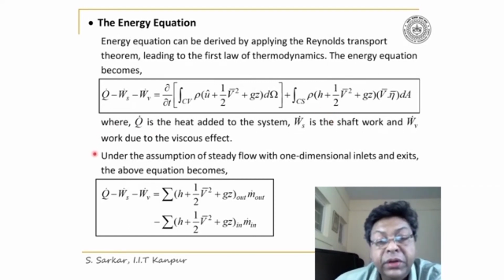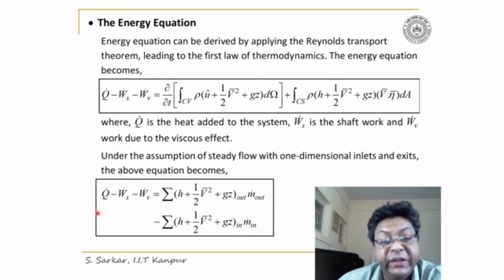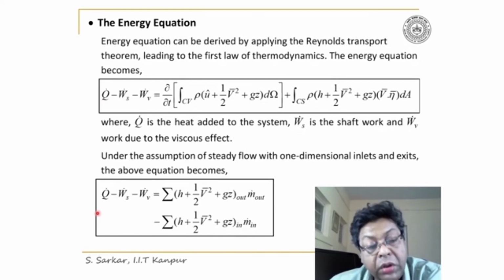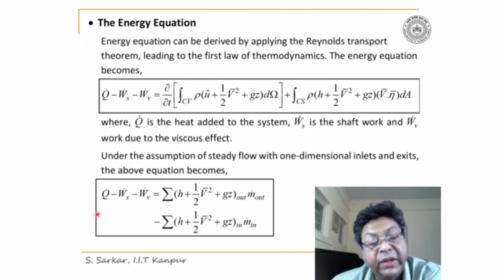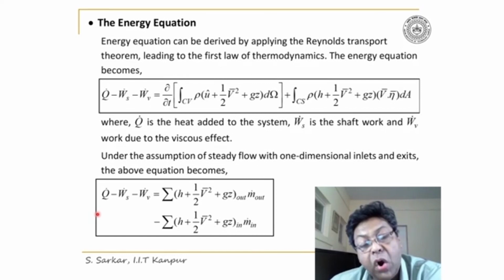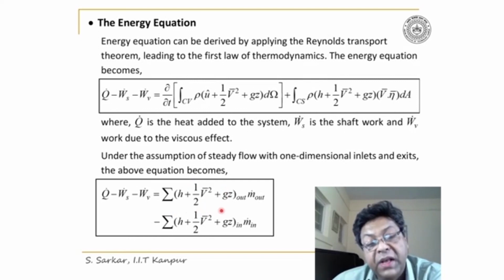Under the assumption of steady state and a one-dimensional system, the above equation can be written as Q dot minus W dot S minus W dot V is equal to sigma (h plus V squared by 2 plus g z) m dot out minus sigma (h plus V squared by 2 plus g z) m dot in.